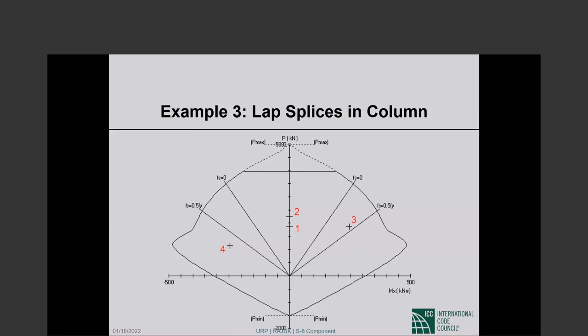Here, under two of the load combinations, you have compression, and for those load combinations you can have compression lap splices, but the splices that you provide will be governed by the most critical load combination. You will not do different splices for different load combinations.